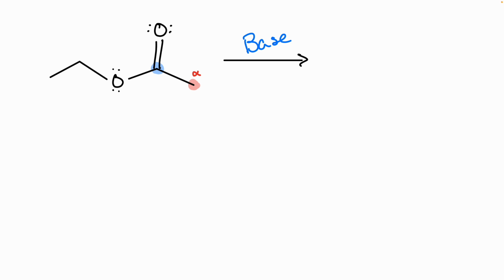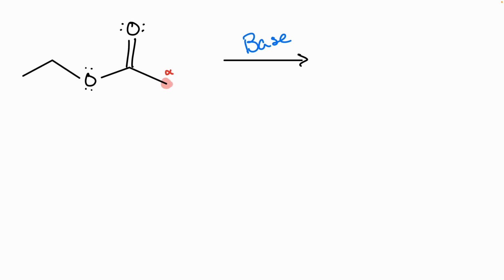So we're going to get the same game that we saw before, but starting with an ester instead of an aldehyde. Okay? So we're going to take two of these molecules here. One of them is going to be my nucleophilic alpha carbon. The other one's going to have my electrophilic carbonyl carbon.